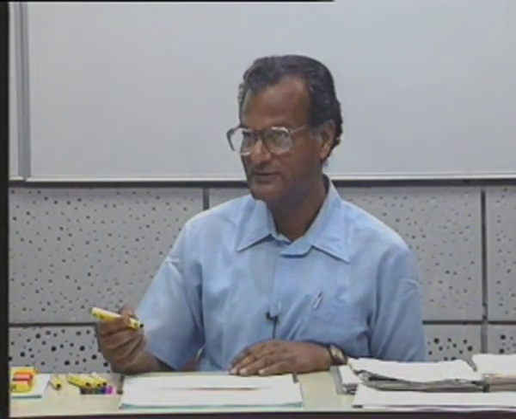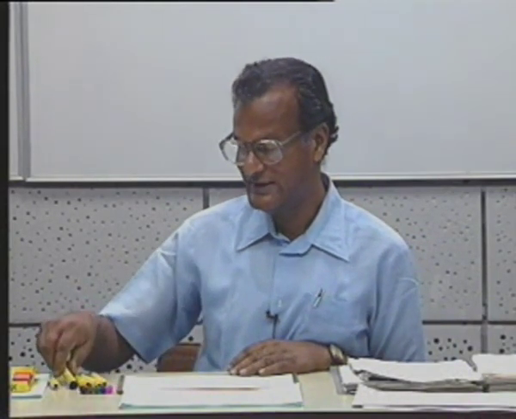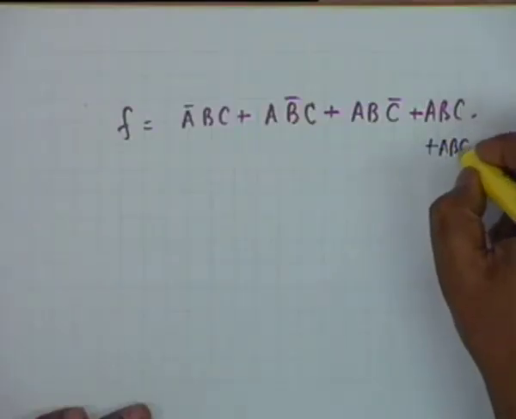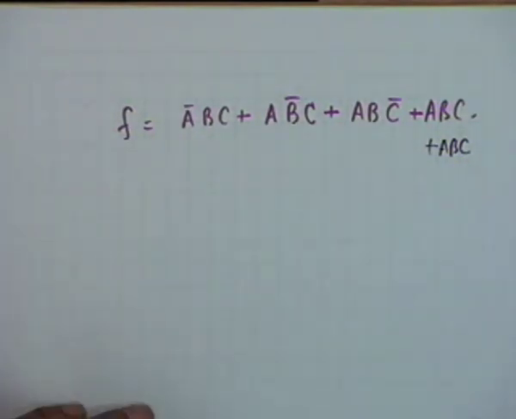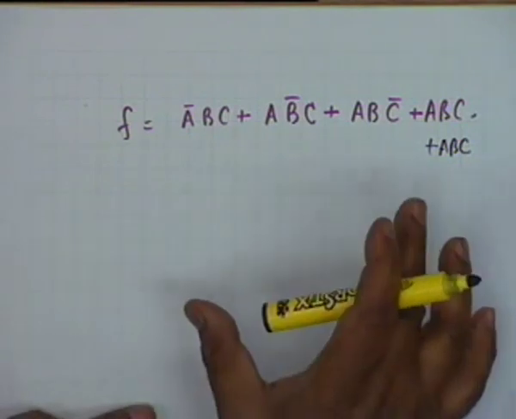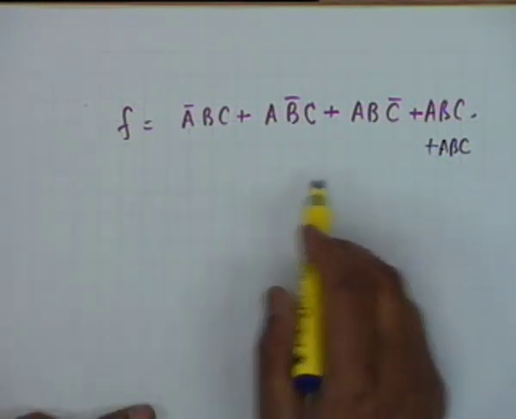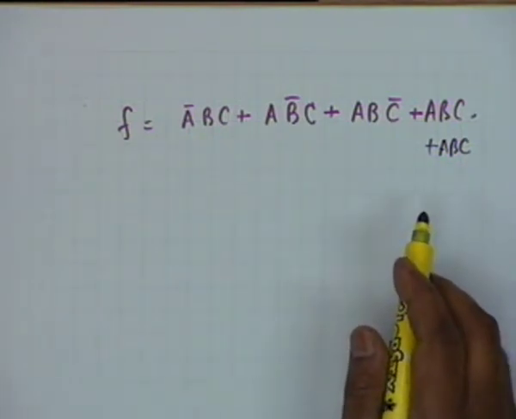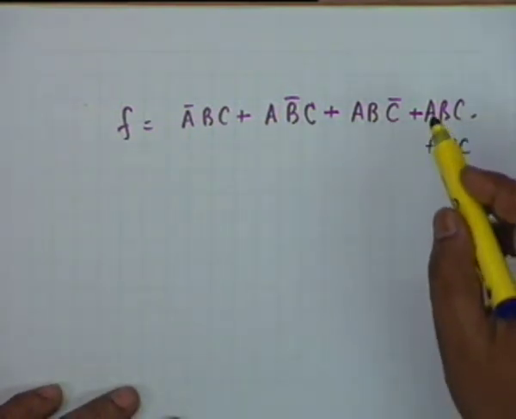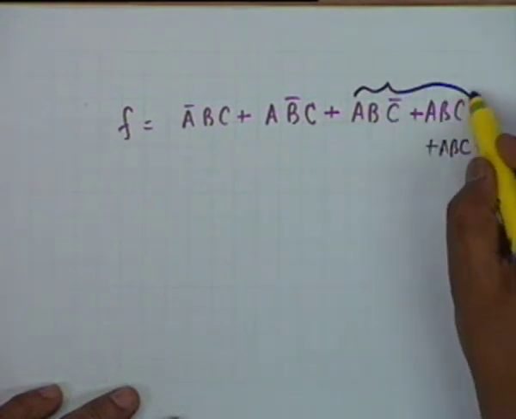Well, what we do is, since there is an ABC, we add another ABC. You see how we simplify. We are not going to the truth table. From the truth table, we have found out this. Now, let's see if we can simplify this. We add an ABC, and then we combine these two.